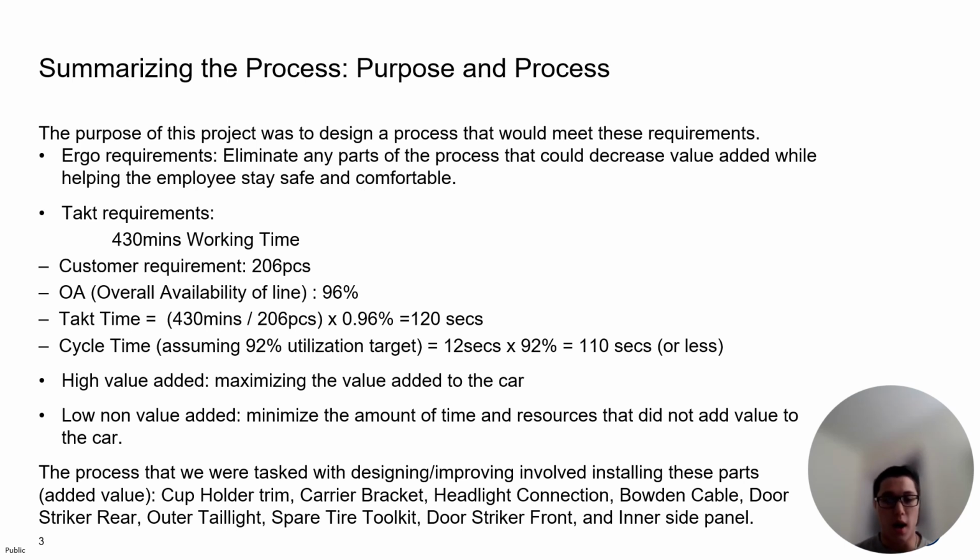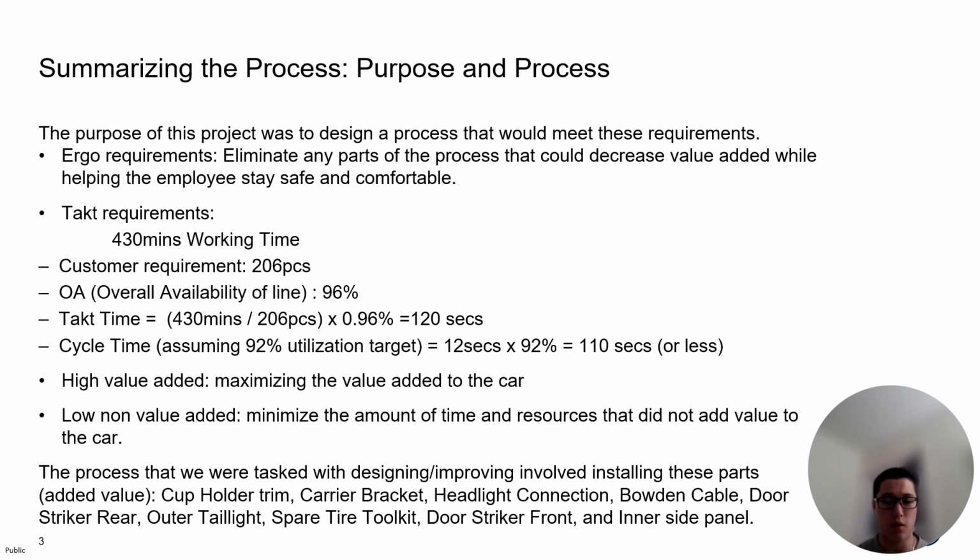We also wanted high value added, to maximize the value added to the car with whatever resources we were using, and then low non-value added, which minimizes the amount of time and resources that did not add value to the car.